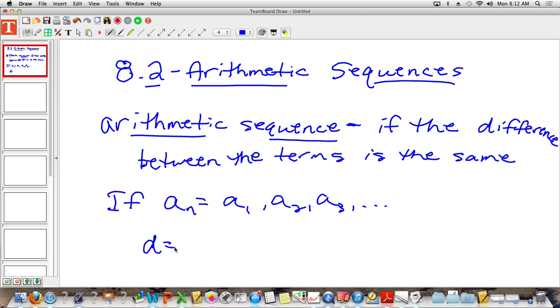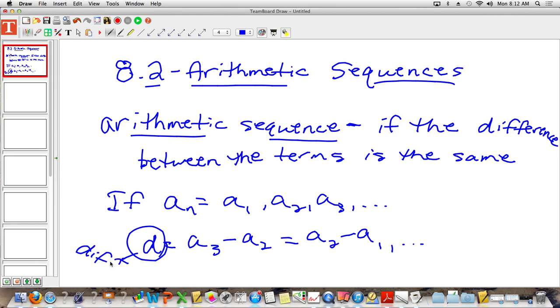So for instance, you could take the third term minus the second term. You could take the second term minus the first term, etc., and you would always get the same number. And that same number is called d, d representing the differences. d is the difference between the terms.